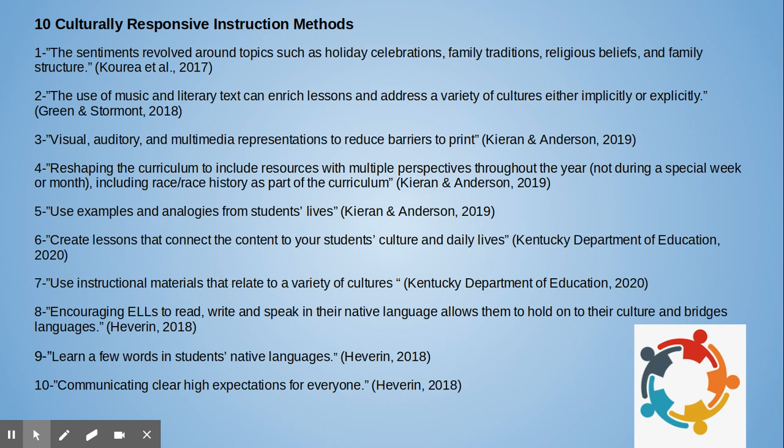Create lessons that connect to the content and students' culture in their daily lives. This is great. We did this. South Korea's 4th of July is the independence movement on March 1st.